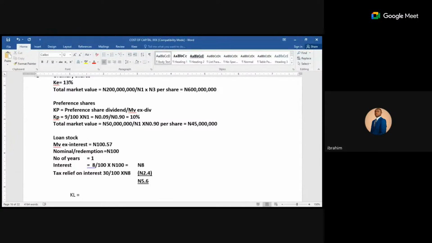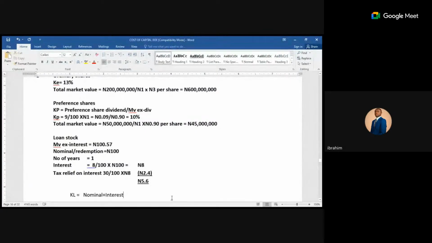My principal will be the nominal that you will pay at the end of the 1 year plus the interest. Class, am I communicating? You will pay me my principal, which is the redemption, the nominal, and interest as at the date of maturity. Is that not so?